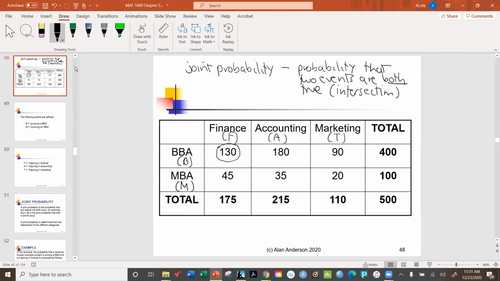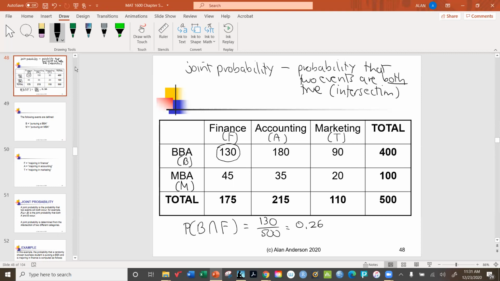So in other words, the probability that a randomly chosen student is getting their bachelor's degree in finance can be written as B intersect F, and that very simply equals 130 over 500, which is 0.26.